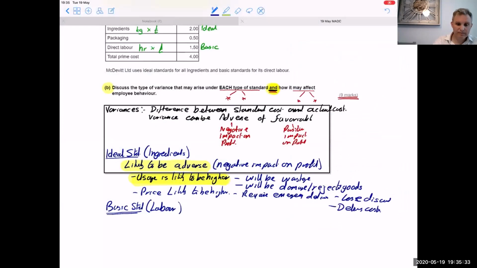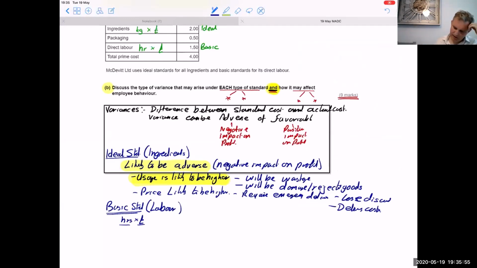We've got labour is based on what? Hours multiplied by pounds per hour. So this is just my working, it's not actually the narrative. Now, in terms of basic standard, if it was set 10 years ago, okay, the wage rate 10 years ago was a lot lower than the wage rate right now.